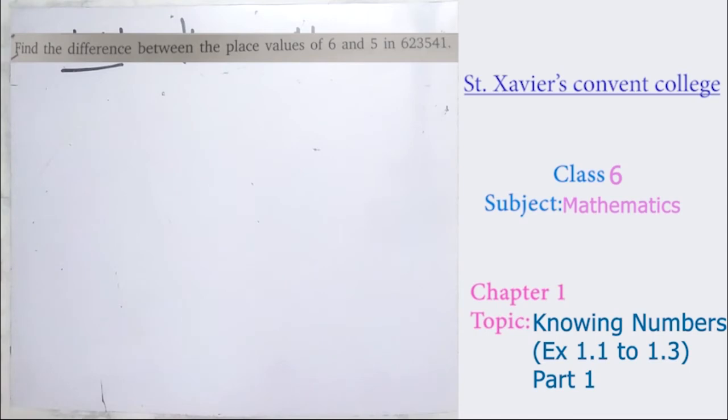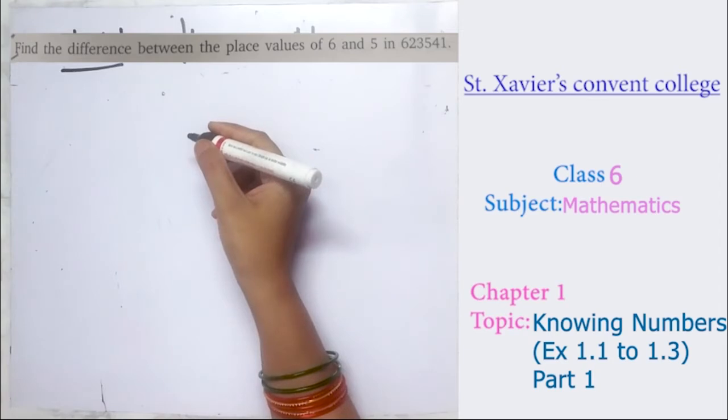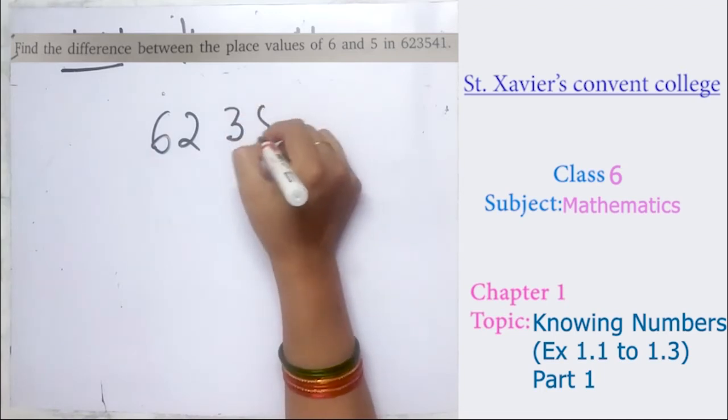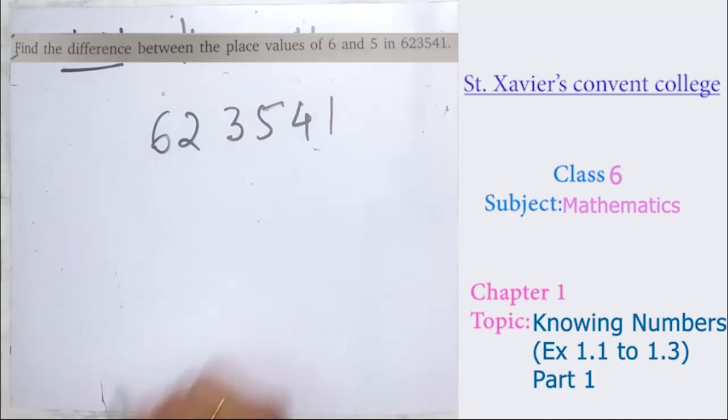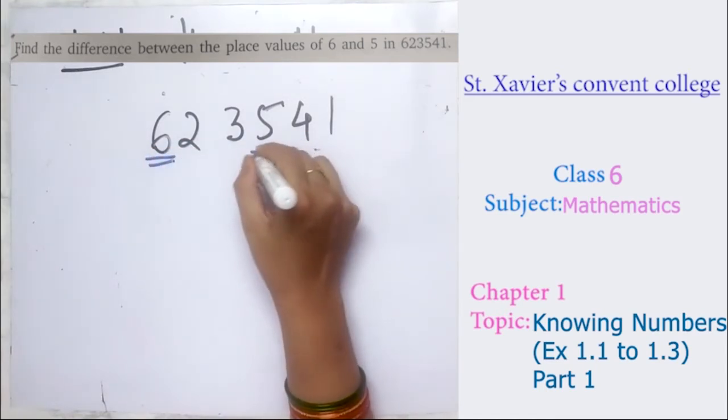The next question is, find the difference between the place value of 6 and 5, that is 6, 2, 3, 5, 4, 1. You have to find the difference of the place value of 6 and 5.